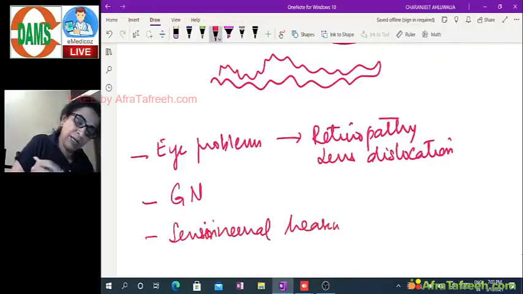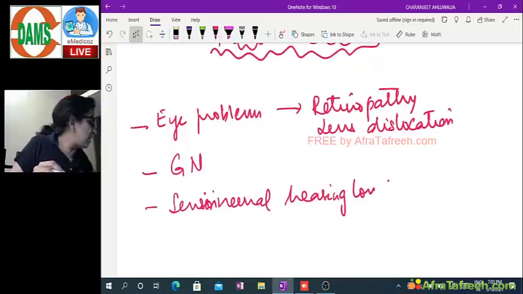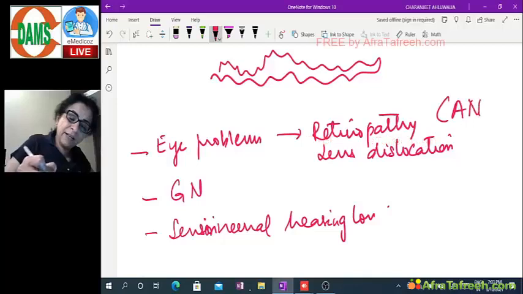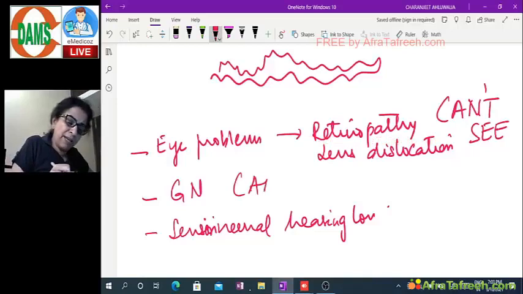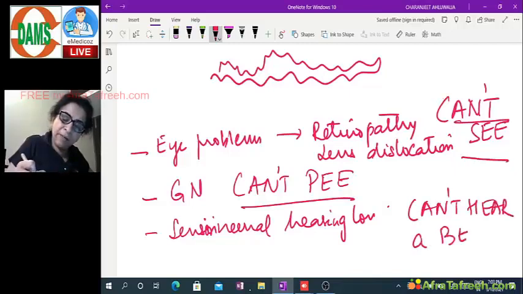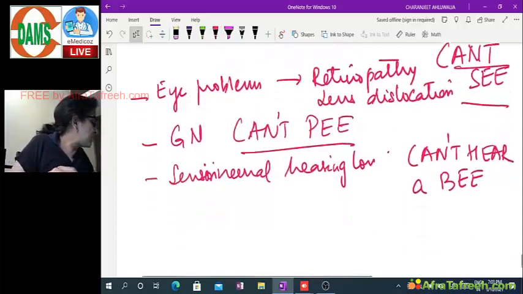For sensory neural hearing loss, they use the mnemonic: can't see, can't pee, can't hear a B. So they can't hear a B, can't see, can't pee. So this usually presents in children.